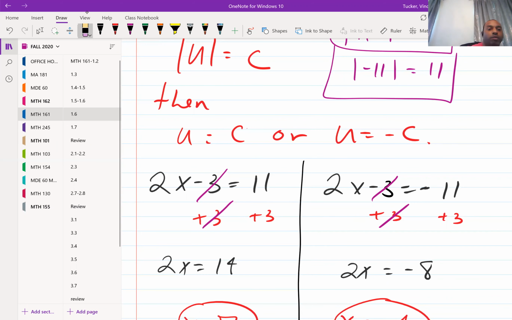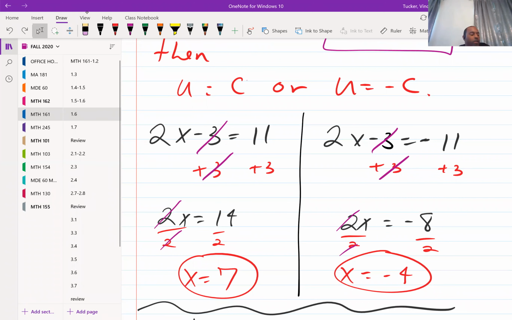And then we will go ahead and divide both sides by 2 in both cases. Results, x equal to 7 and x equal to negative 4.